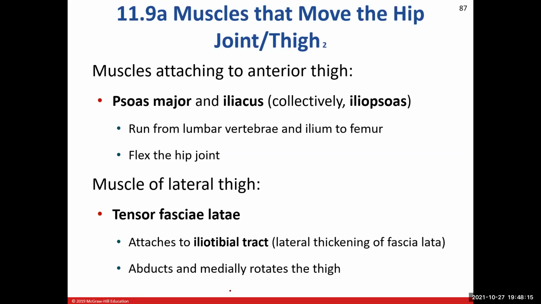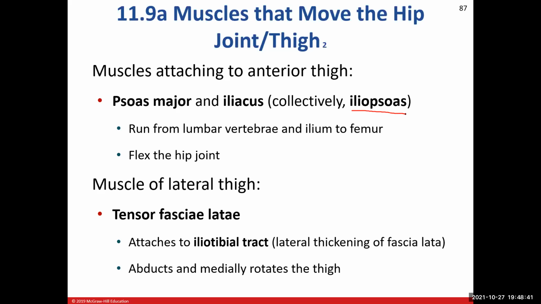Some of the muscles that we're going to discuss here on the anterior thigh: one of our strongest hip flexors is iliopsoas. Iliopsoas is an interesting muscle because in the pelvic and abdominal cavity it was once 2 separate muscles, psoas major and iliacus.